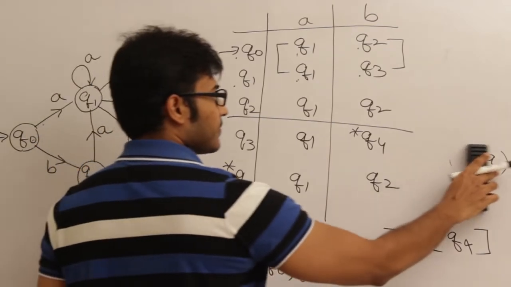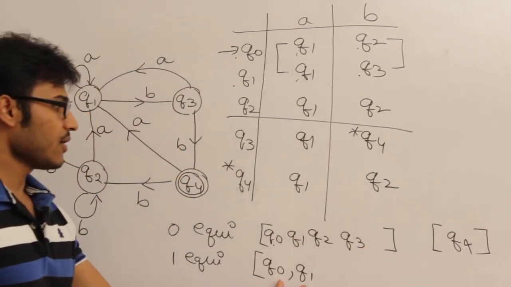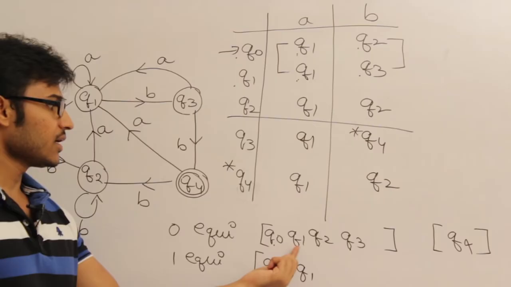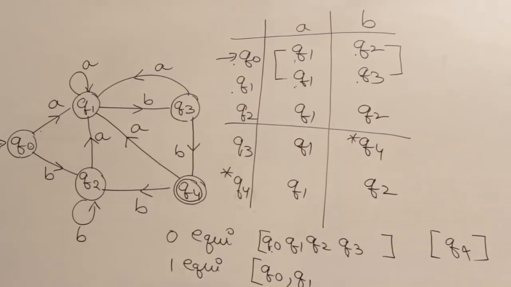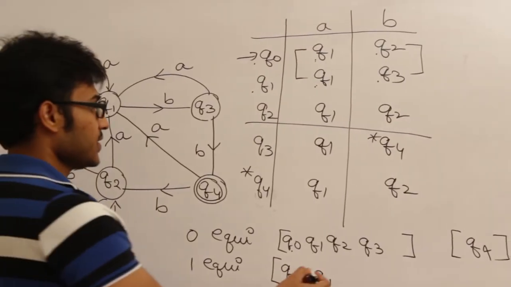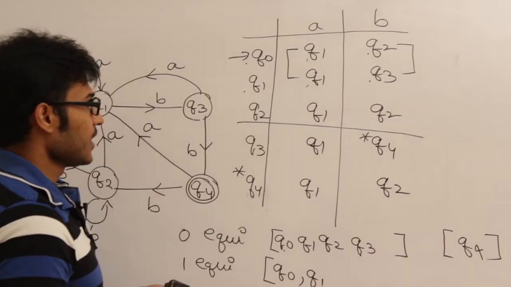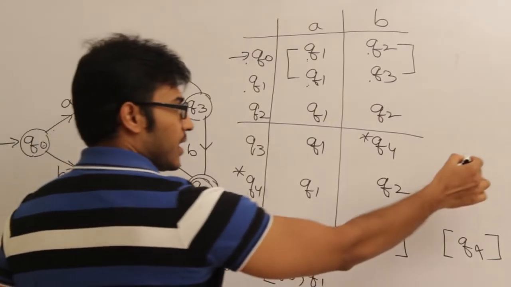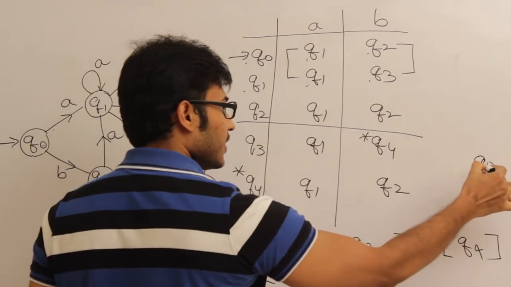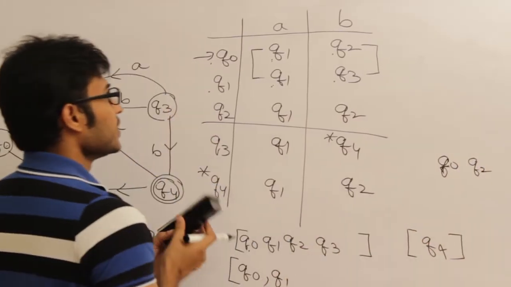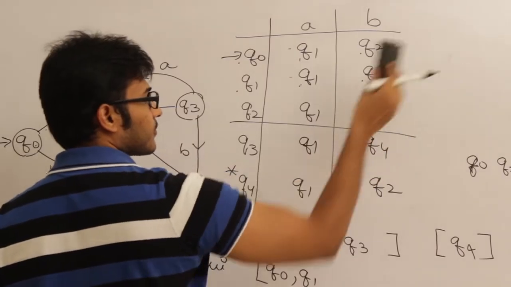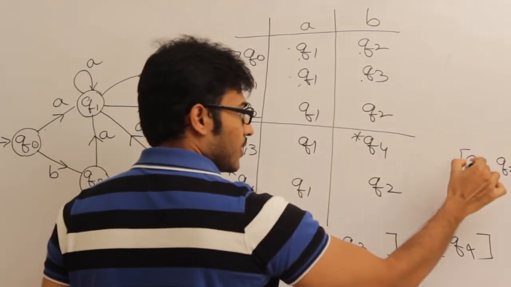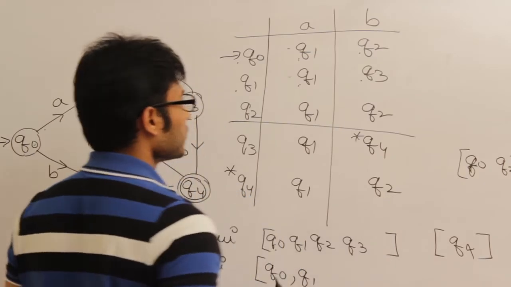Now let us say these two are one equivalent. Now we have to see if Q2 is equivalent with any one of them. You can take either Q0 or Q1 and check with Q2. I am taking Q0 and Q2.